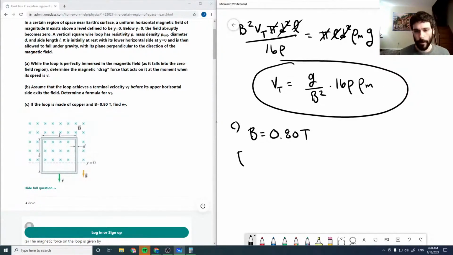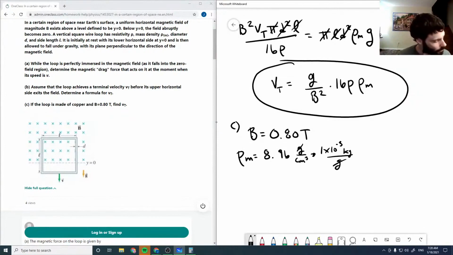So if we're made of copper, then we can look up these values and find that our mass density is 8.96 grams per centimeter cubed, which we can convert to kilograms and convert our centimeters to meters, so 1 times 10 to the 2 centimeters per meter, cubed.